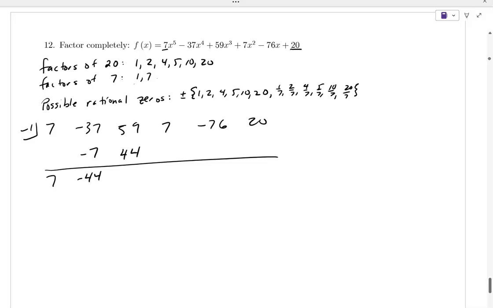Add down, we get 103. We get -103, -96, positive 96, -20. Oops, sorry, positive 20. Then we get -20, and we get 0.